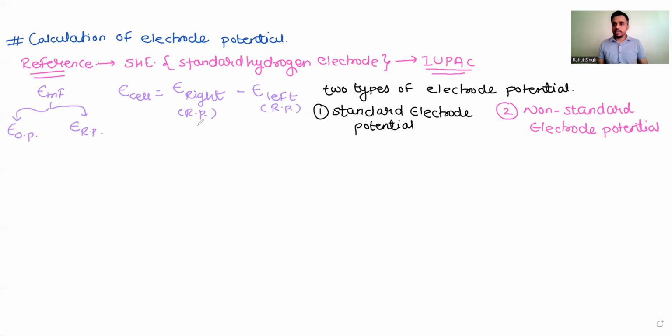Whenever we say standard, it means something which is fixed and is not going to change. So when we talk about standard, we take certain standard conditions. Temperature is 298 Kelvin, which is a very important thing for standard electrode potential.